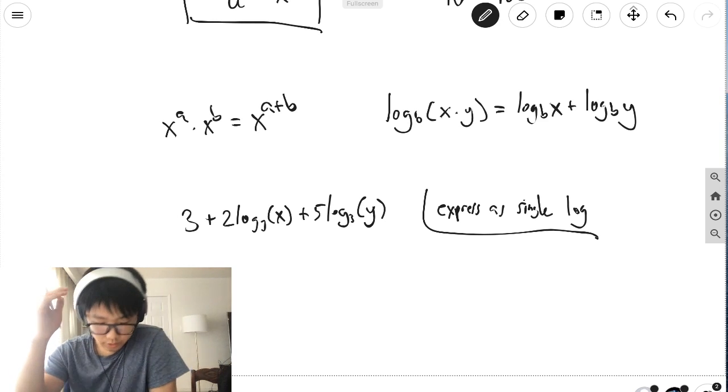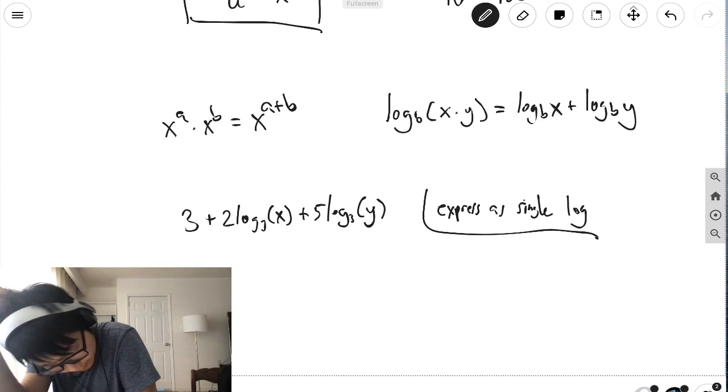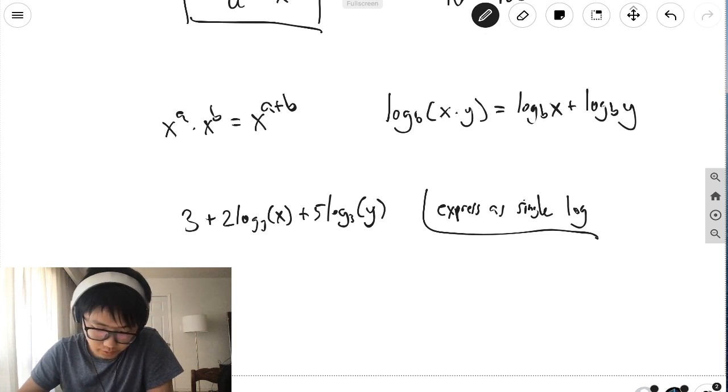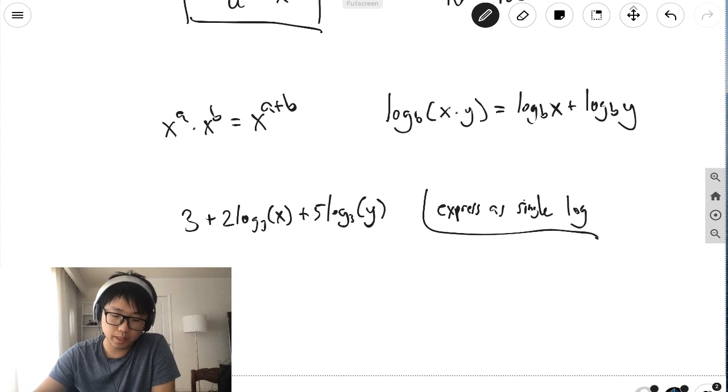Alright, so for you to combine them together, you probably need to use that rule I just mentioned. So you probably want to express them in terms of the same log base. Okay?